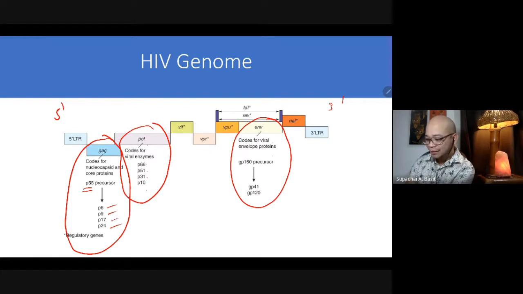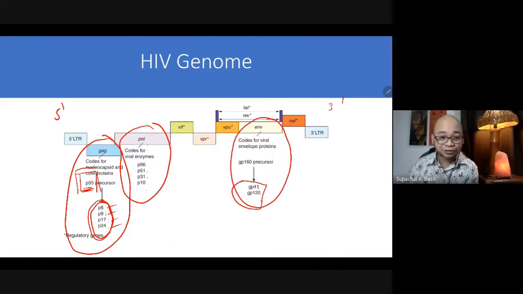Okay, the GP160 precursor, which by the way is further subdivided into GP41 and GP120. By the way, when we talk about the precursor, we're going to sum up these particular proteins. This will actually be the total, or that would be the summary of the name of the precursor. So for example, 41 plus 120 is 161. So that's why the name of the precursor is GP160.